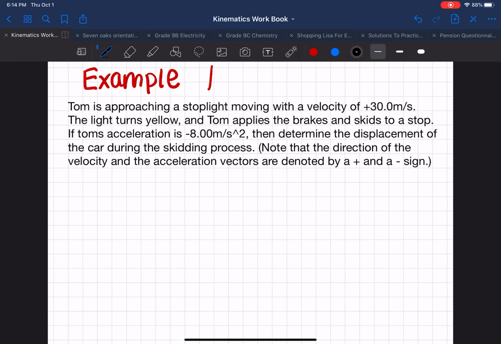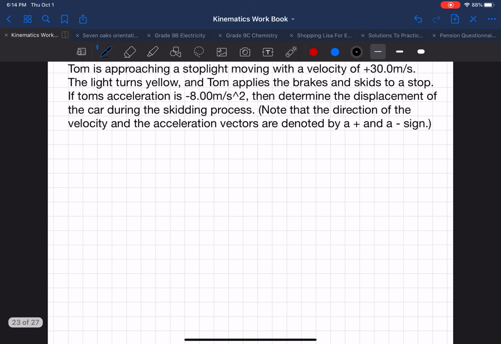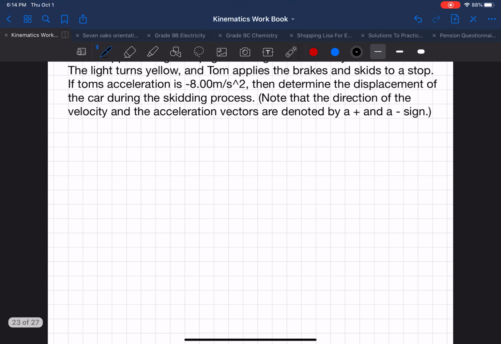So the solution to this problem begins by making a diagram. So we're going to apply step number 1 and make a diagram. Okay, so I'm going to draw a car. It'll look like a sombrero, but it's a car. The acceleration is minus 8.0 meters per second squared.